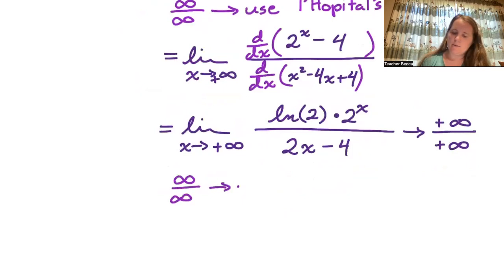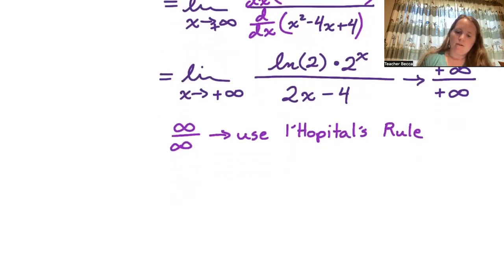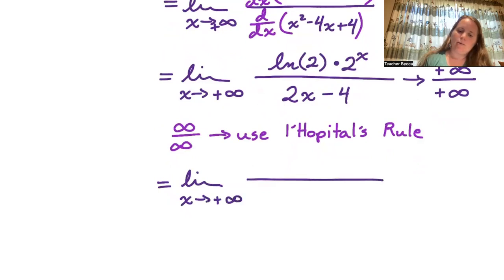We will use L'Hopital's rule again. So from here, this is all equal to the limit as x approaches positive infinity of, we will again take the derivative of both the numerator and the denominator.